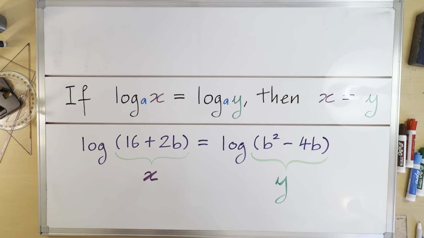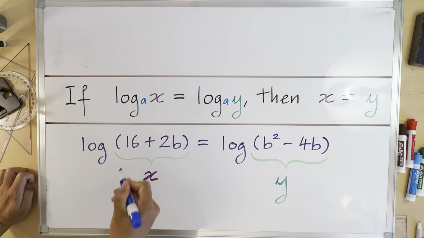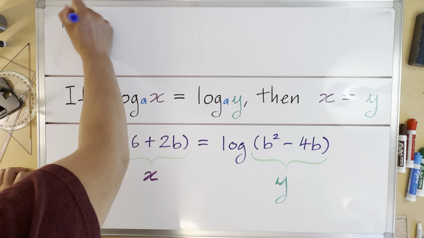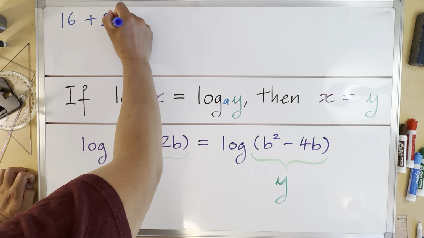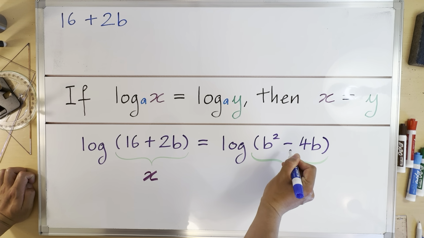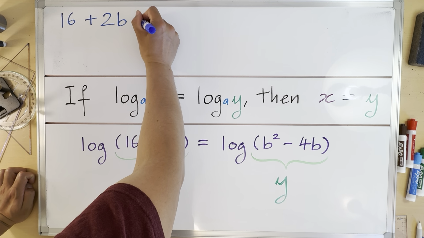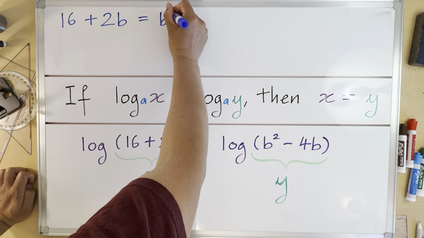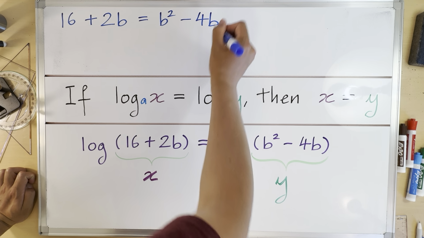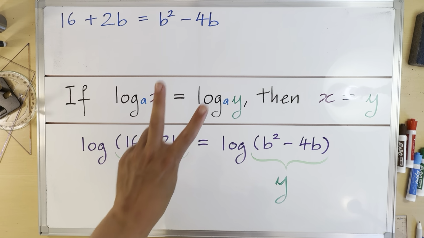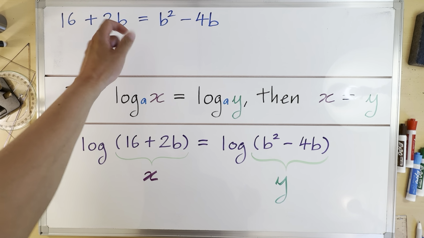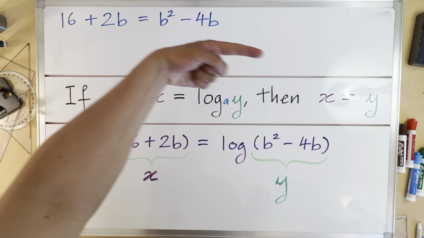So 16 plus 2b is equal to b squared minus 4b. We're going to move the following two terms, 16 as well as positive 2b, from the left side of the equation to the right side of the equation.